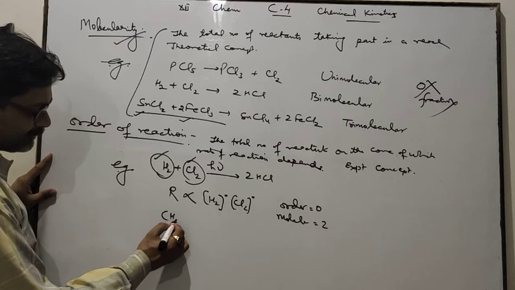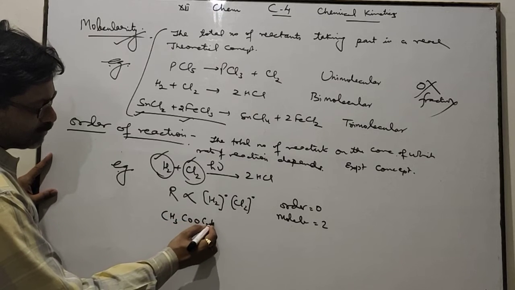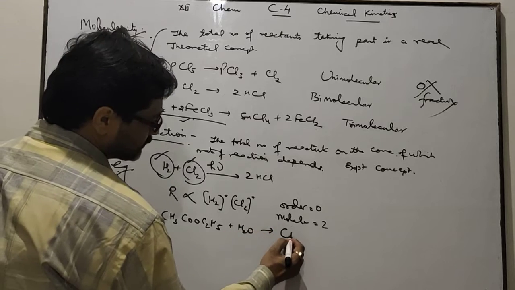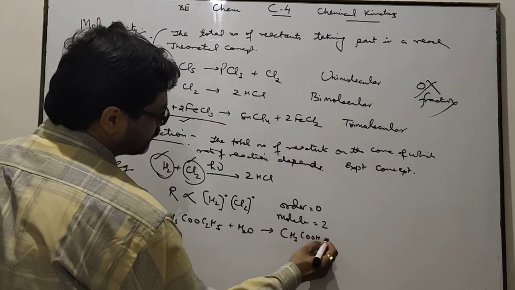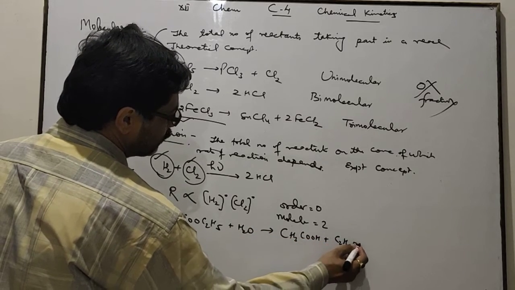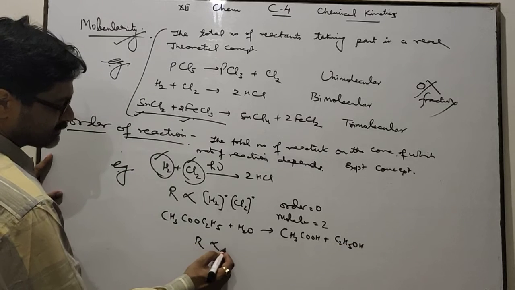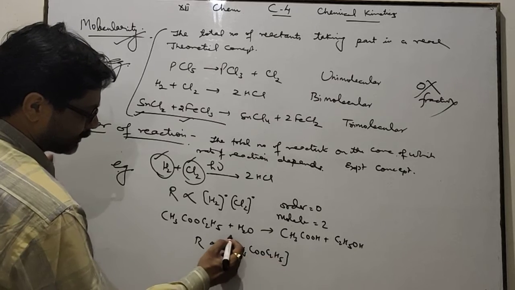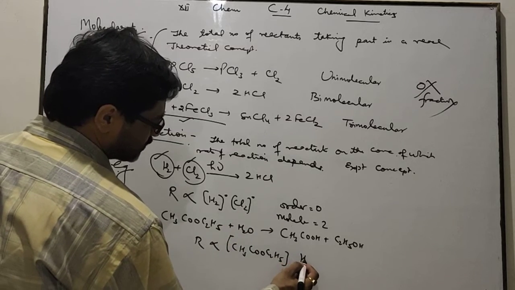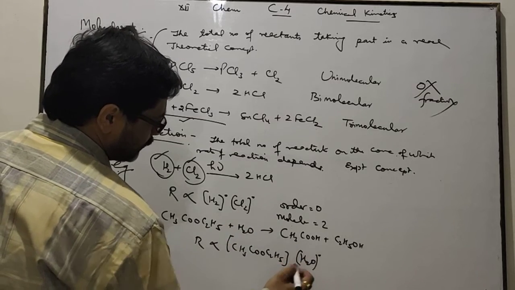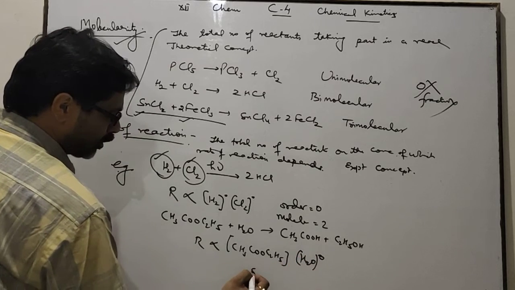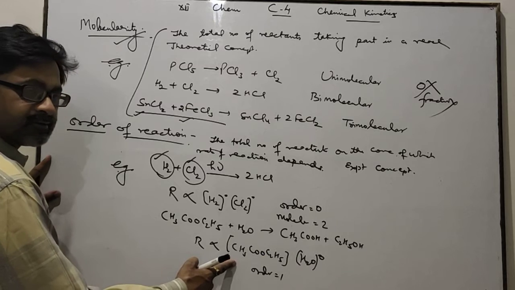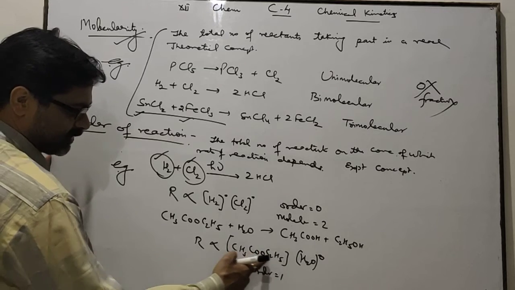See one more example. CH3COOC2H5 plus H2O gives CH3COOH plus C2H5OH. The rate is proportional to CH3COOC2H5 only, not to the concentration of H2O. So the order will be 1 because the rate depends only on the concentration of this reactant.